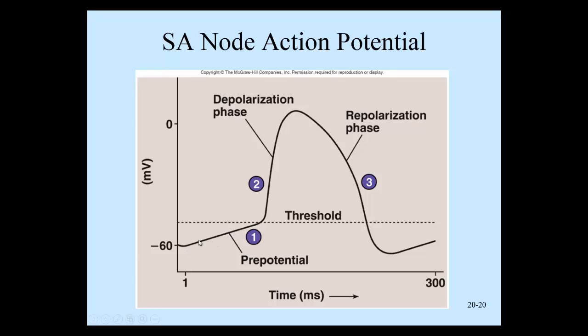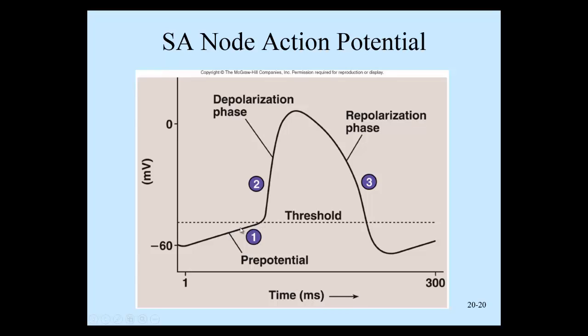What happens is at the end of the previous action potential, we see a slow opening of slow gated sodium channels that automatically open at -60. They slowly open, allowing this cell to move toward threshold. So we have some sodium moving in.